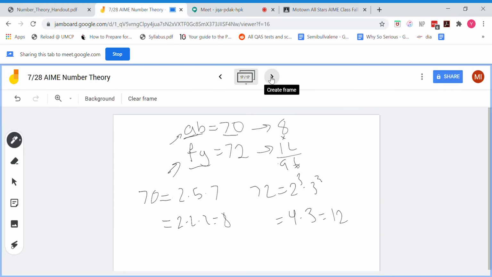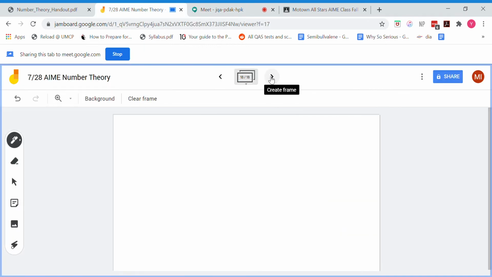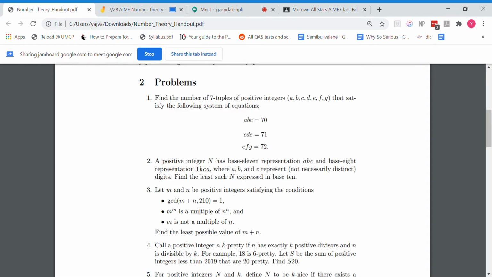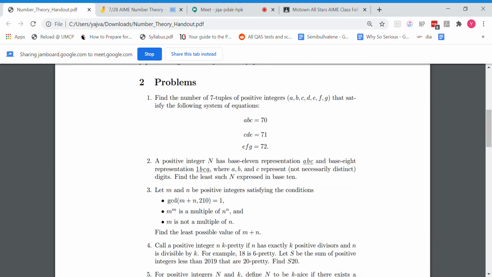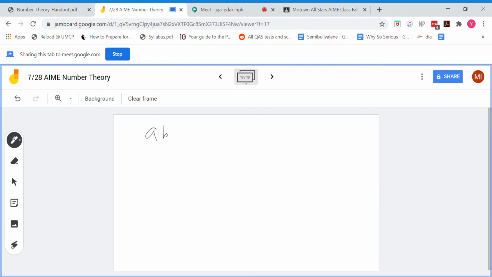So whenever you're confronted with this base type problem, you always want to first convert everything into base 10. So we have ABC in base 11.